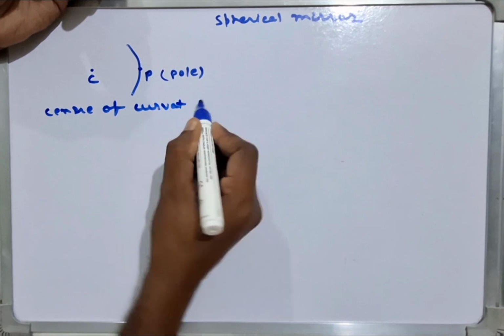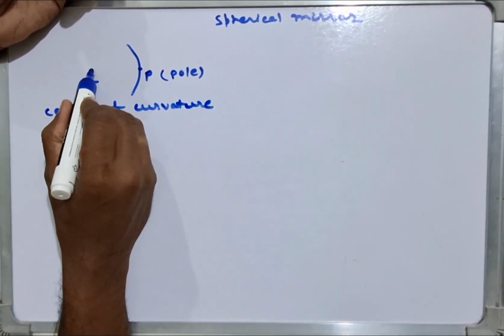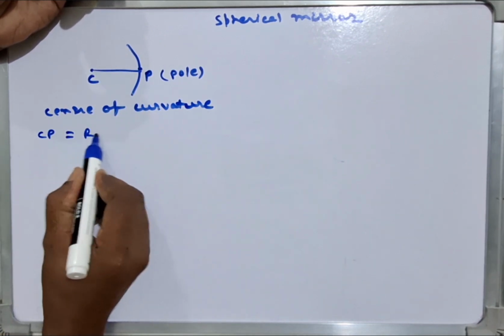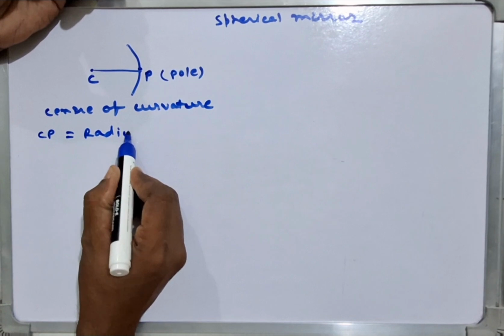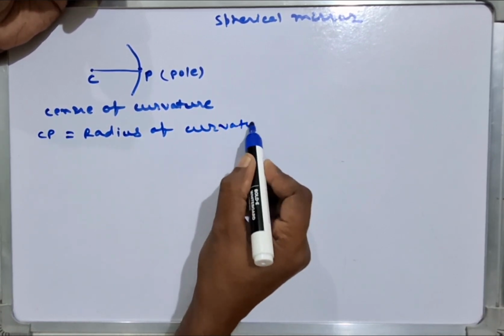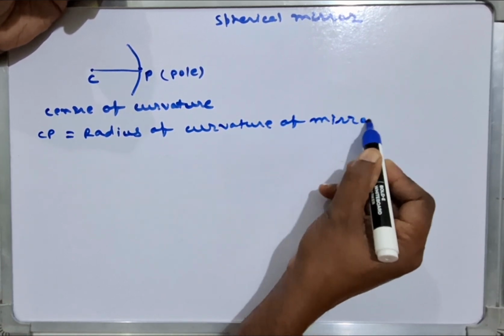then it is known as the center of curvature. Now the CP length is known as the radius of curvature of the mirror.